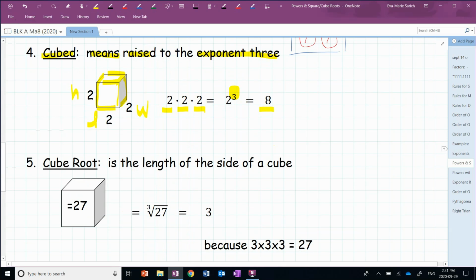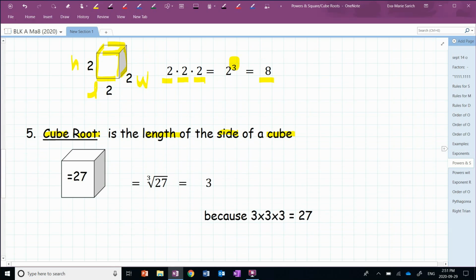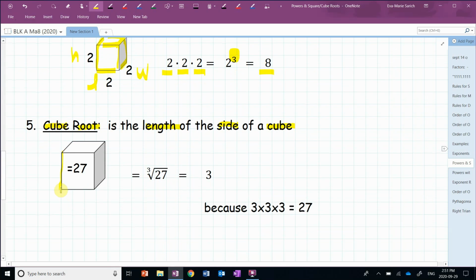Now, we can find the cube root. Remember, the cube root is the length of the sides of a cube. If we go back up to the cube here, all of the sides have the same length. So we need to think what number for height, length and width are all going to equal 27.